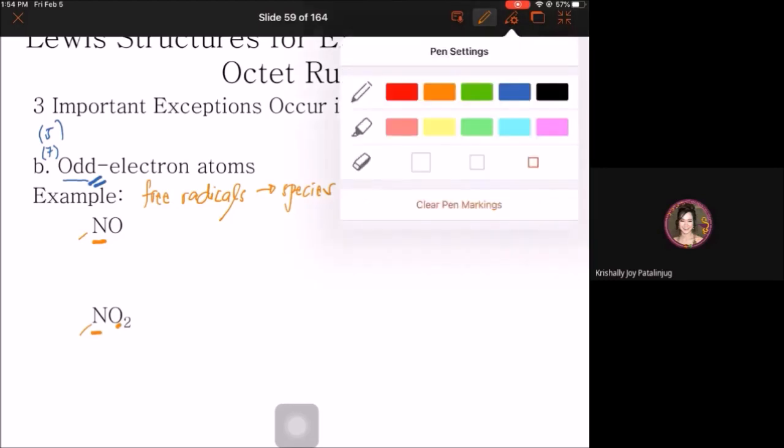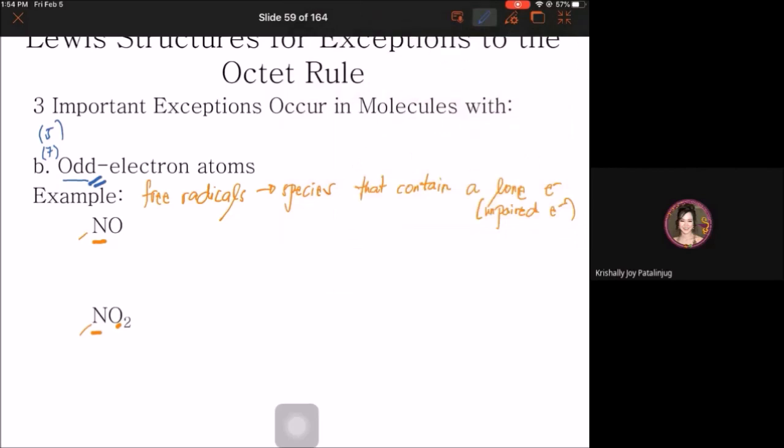So, let's start, for instance, with nitrogen monoxide. Kung dalawa lang, kung sino ang central diyan, itabi lang sila, kasi dalawa lang naman na atoms, walang subscript. So, katabi lang sila dalawa. Nitrogen, oxygen.